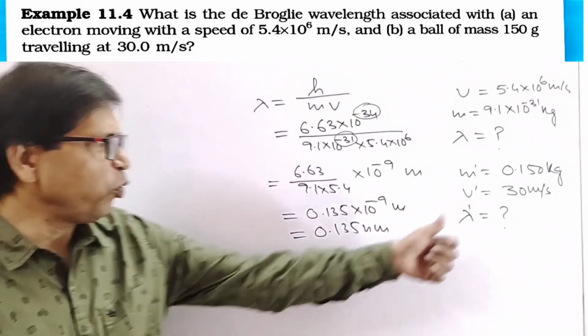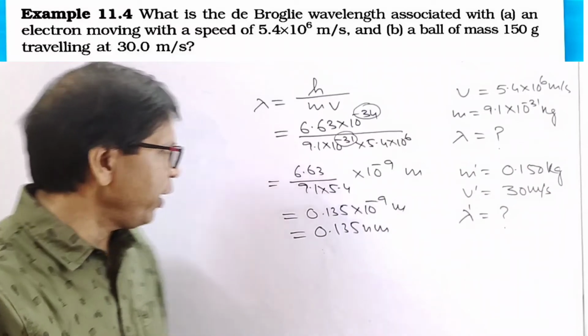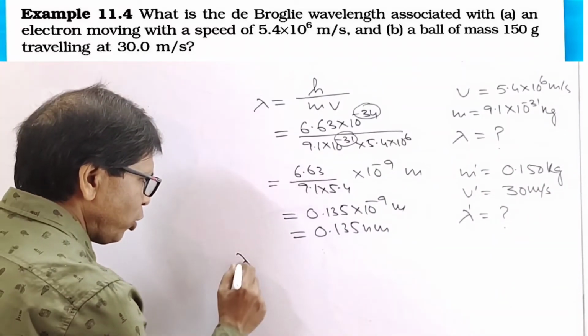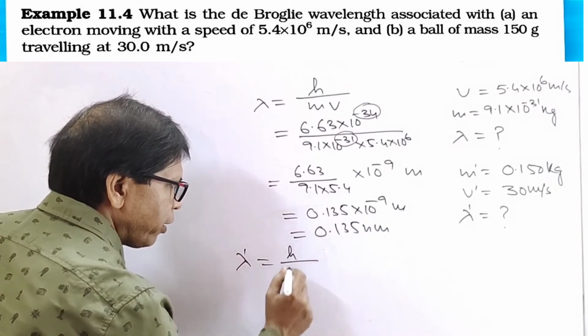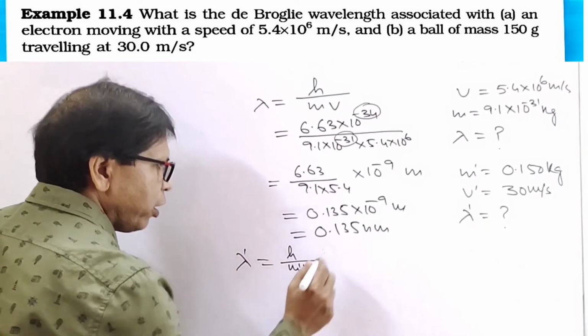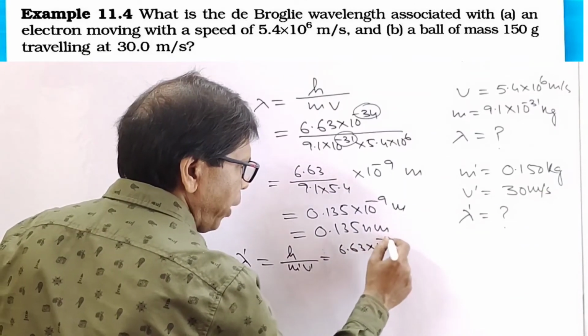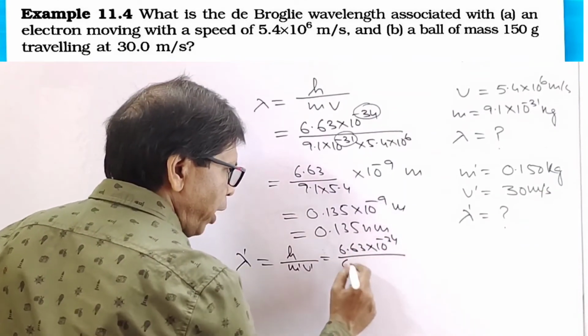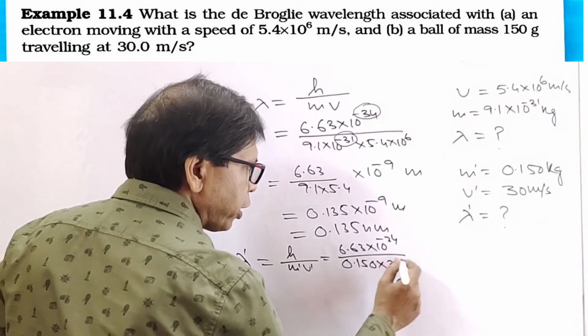Now we have to calculate the wavelength of this ball. Here lambda dash is h by m dash v dash. So 6.63 into 10 to the power minus 34, over mass 0.150 into velocity 30.